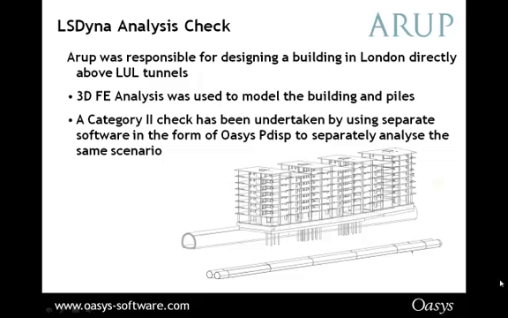For this particular problem, Arup was responsible for designing a building in London directly above an LUL tunnel, or two tunnels here. An LSDyna or 3D FE check was used to model the building of the piles, but a Category 2 check was necessary. And this had to be undertaken using separate software, and Oasys Pdisp was chosen for this particular scenario.